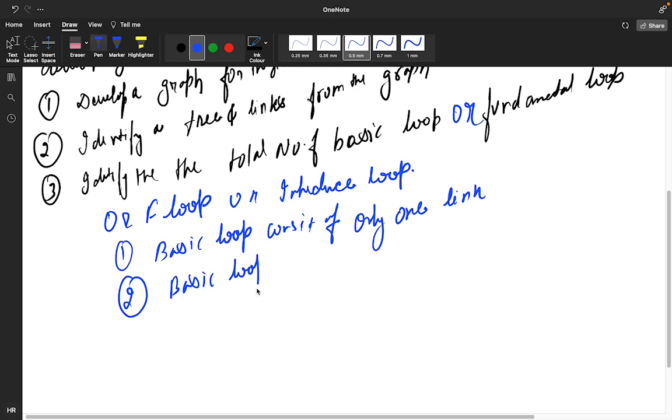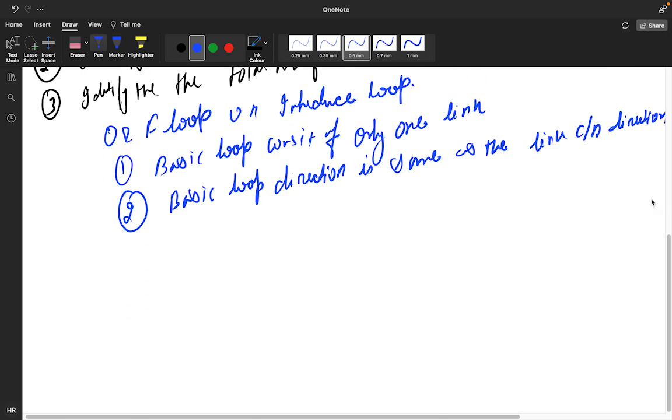Basic loop direction is the same as the link current direction.